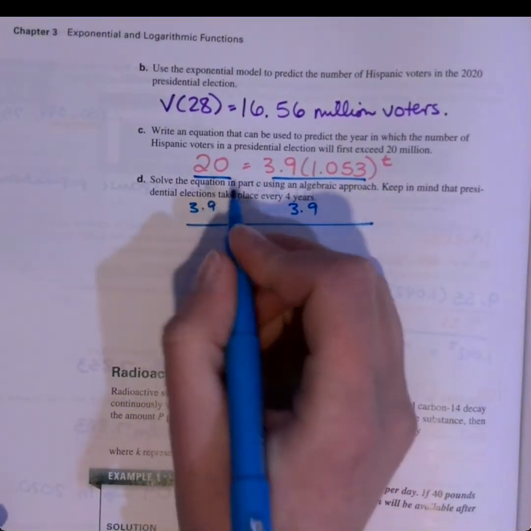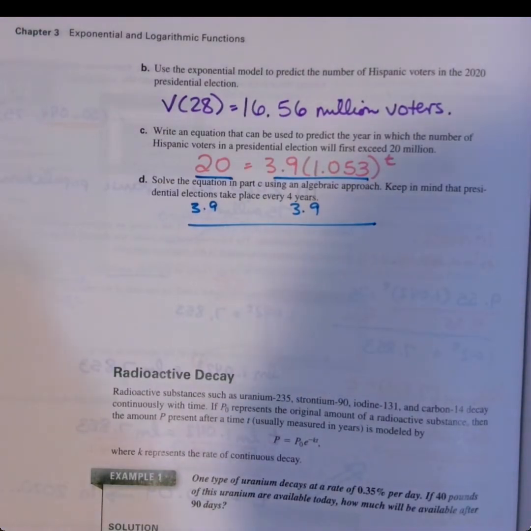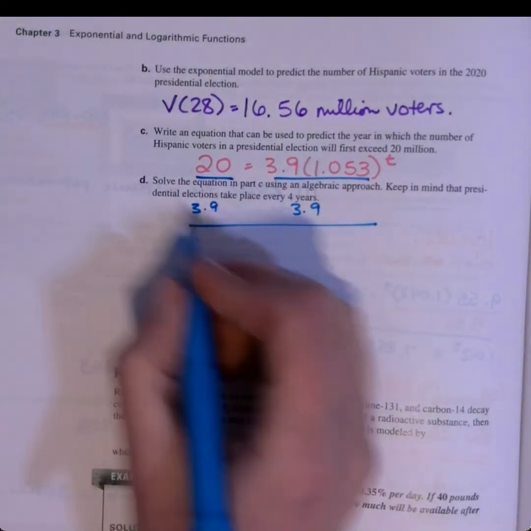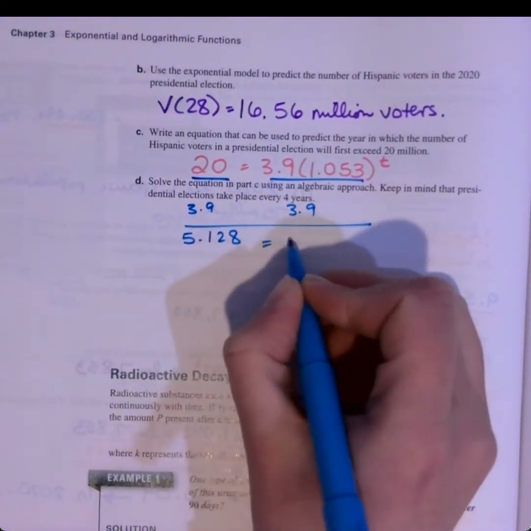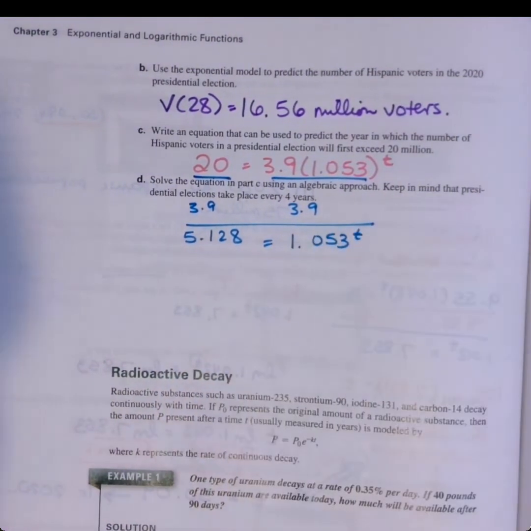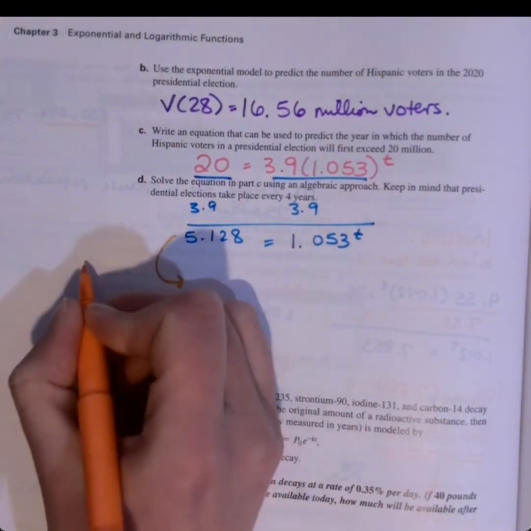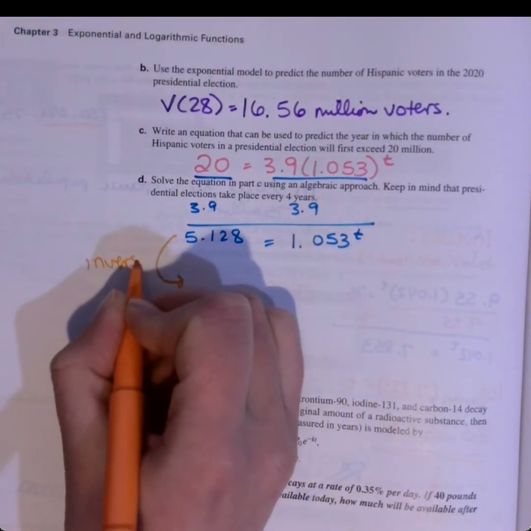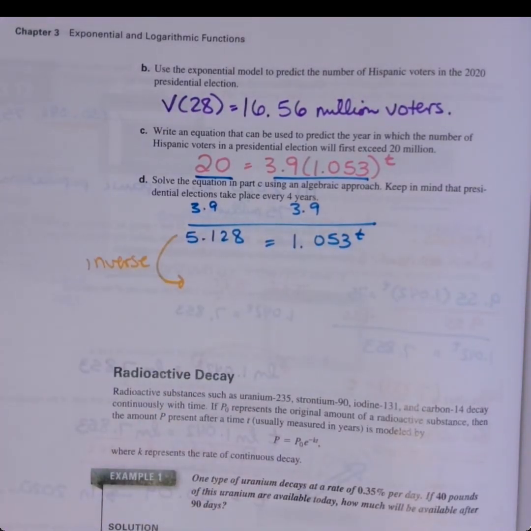Okay, so I've got to figure out what 20 divided by 3.9 is. 5.128 equals 1.053 to the t. Then I'm going to apply the inverse to switch this from exponential to logarithmic form.